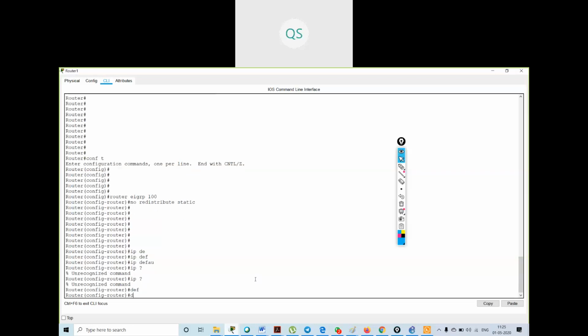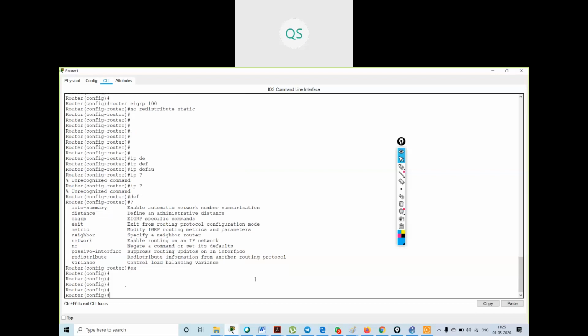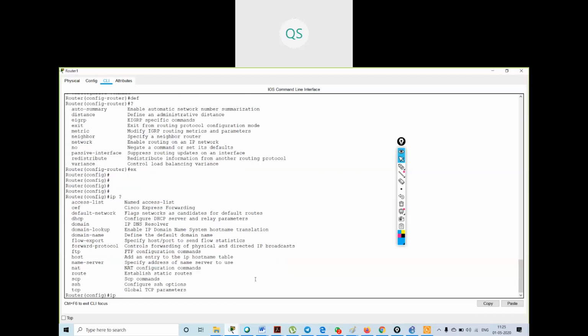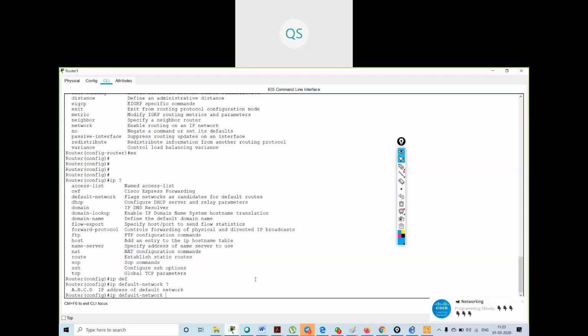Just a second. The command is IP. I have to give it in the global configuration mode. I have to say IP default network, then the IP address of the default network.